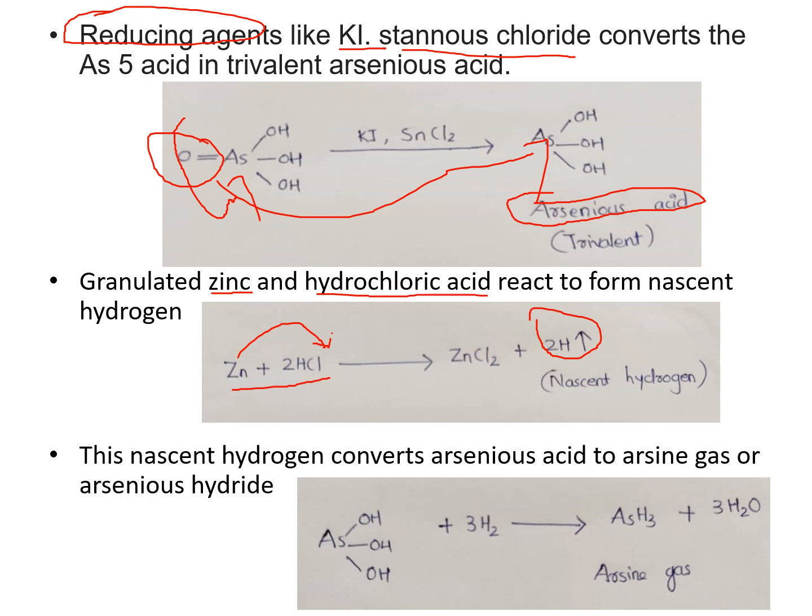Next, this nascent hydrogen reacts with the arsenious acid formed in the previous step. The nascent hydrogen reacts with the arsenious acid to form arsine gas. This arsine gas again reacts with the mercuric chloride paper.